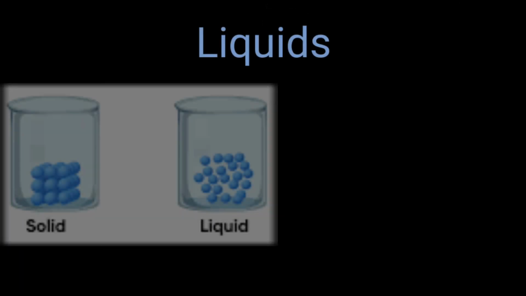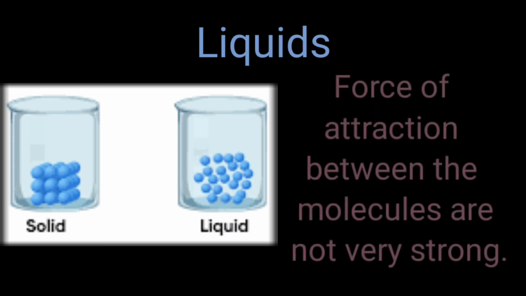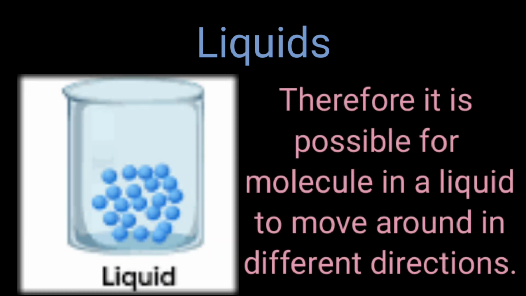Liquids. Molecules in a liquid are less tightly packed as compared to solids, and they have space between them. The force of attraction between the molecules is not strong enough, and therefore it is possible for molecules in a liquid to move around in different directions.